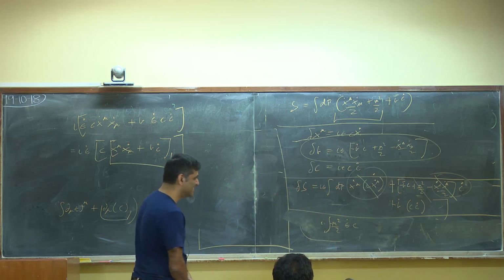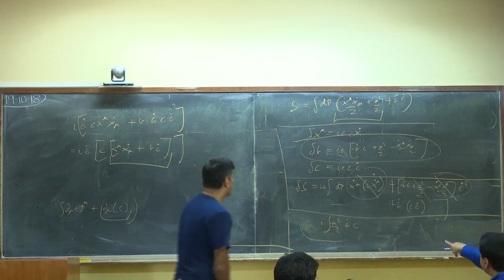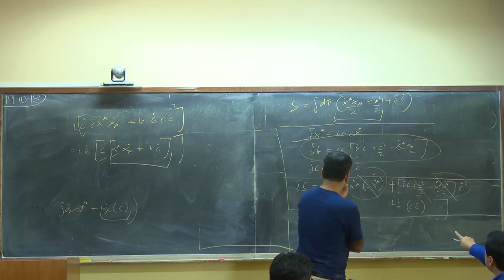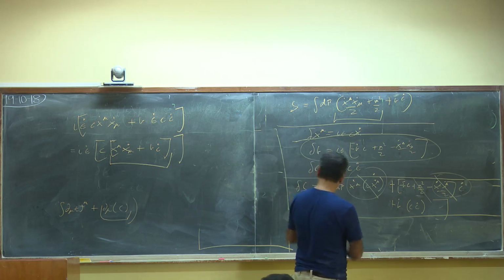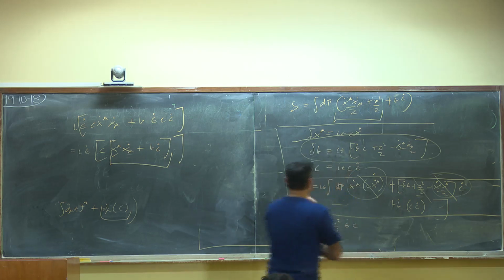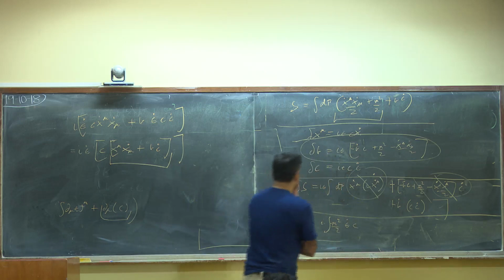And a similar logic would also apply for the other total derivative term, this C x mu dot x mu dot. Yeah. C, or by 2, I think, that's the term. Okay. Let's do it really carefully. I agree.